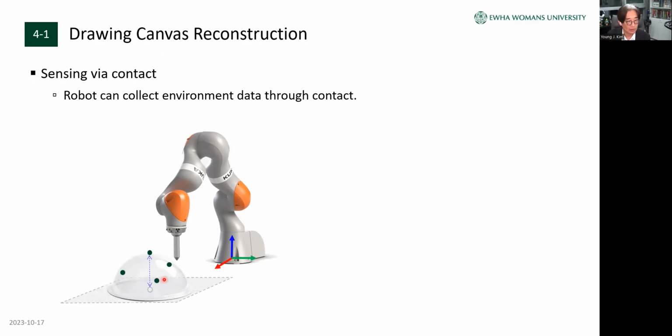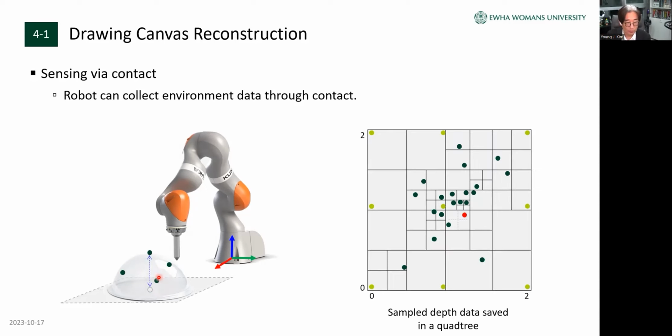In this case, the target point mainly depends on the height, so you can think of this geometry as a height field. By touching the surface, you can estimate this height field for each point. Then we store it in a quad tree, or you can even store it in a KD tree. So you sample all these points, and then you can estimate at any random point using simple bilinear interpolation, by finding the nearest neighbors. So this is sampling by contact.